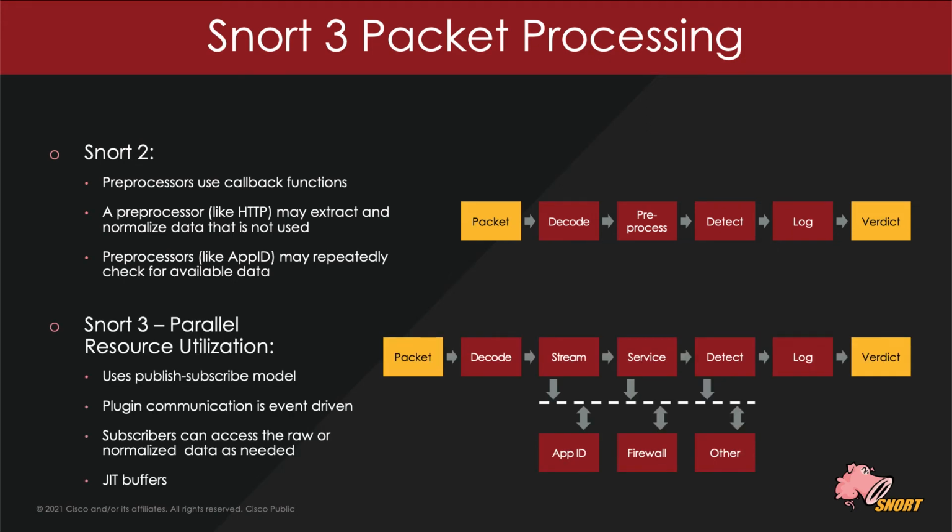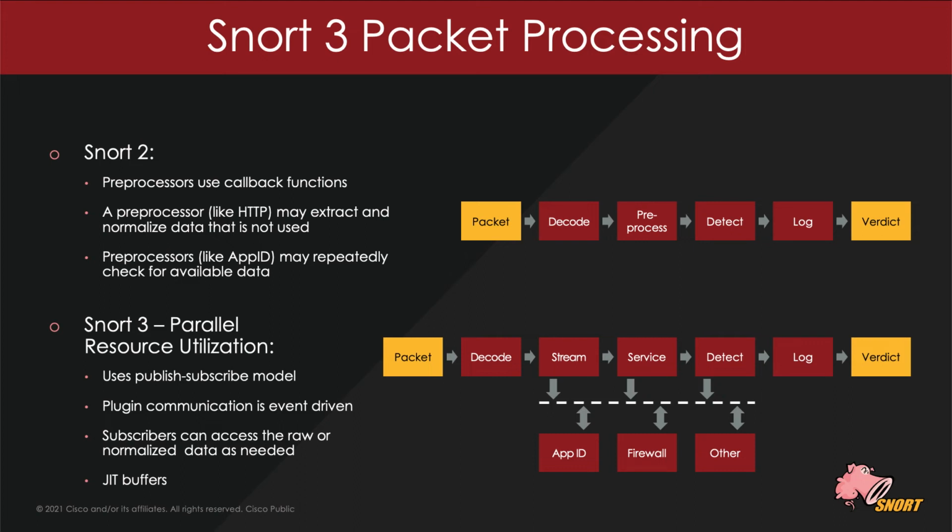With Snort 3, it's different. So things aren't as linear as they are in Snort 2. There's still somewhat, but there's a lot more functionality there for what we call a publish and subscribe model. So the various plugins will publish what they can make available and then subscribe to what they need. So a rule keyword might say, hey, I need to see the HTTP header, I need to see these parts of the header. And the HTTP preprocessor can publish and say, I have these I can make available.